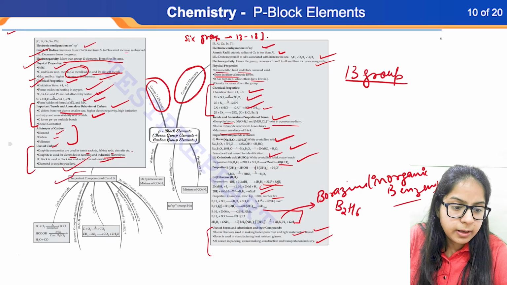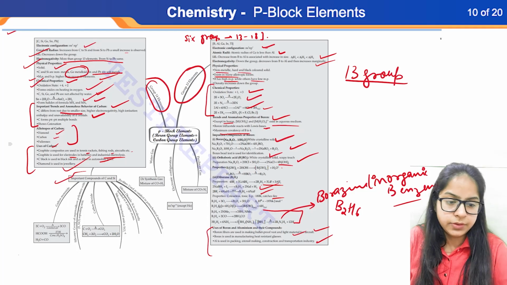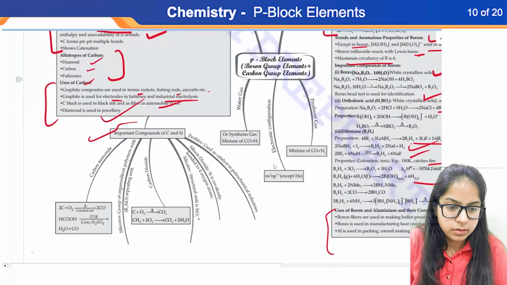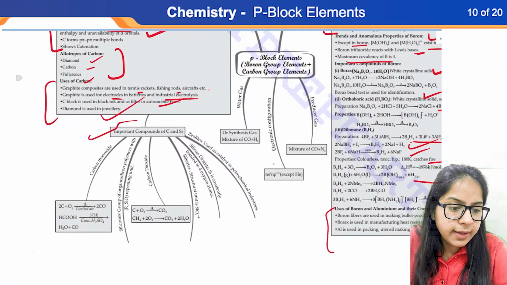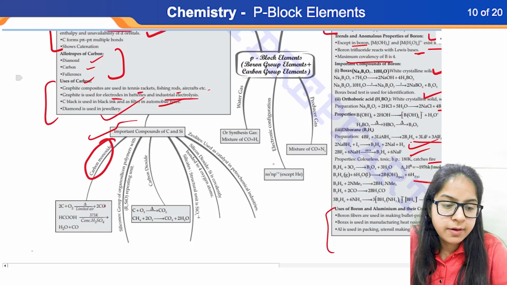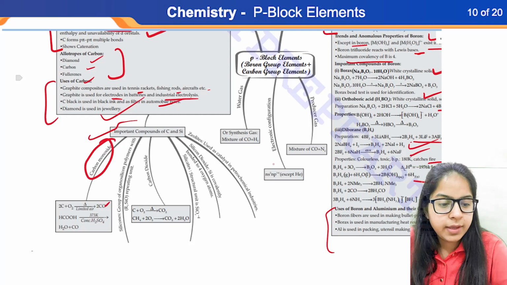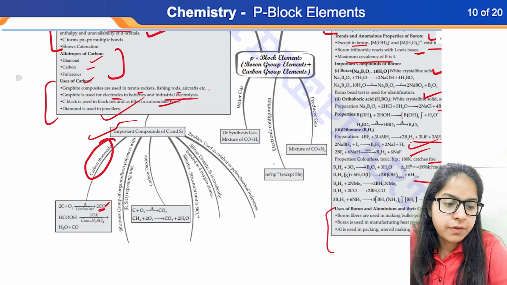Now the important compounds of carbon and silicon. Here we have the important compounds, that is carbon monoxide, which is formed from the carbon and oxygen reaction in a limited supply of air. If the supply of air is limited, then only carbon monoxide forms.